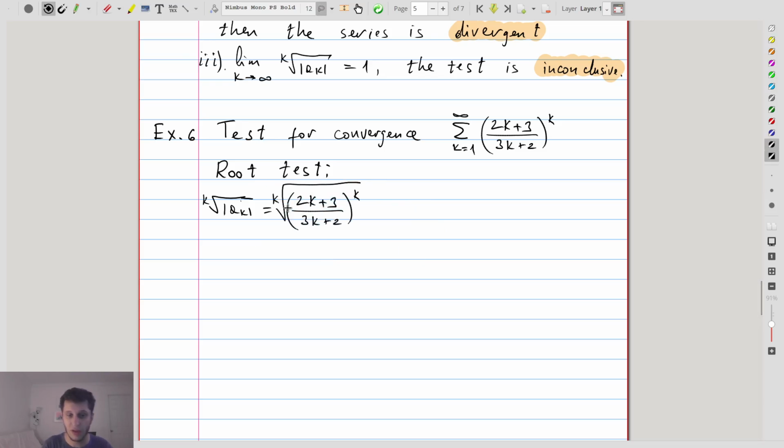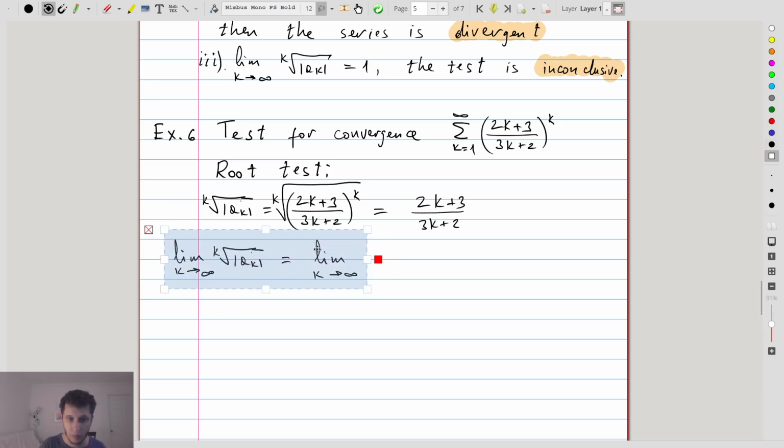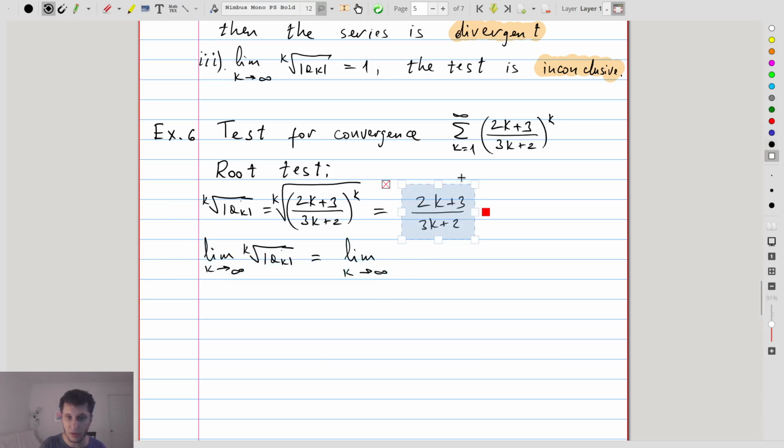And of course the kth order root cancels out with the kth power, and we have simply (2k+3)/(3k+2), which means that when it actually comes to computing the limit as k goes to infinity, all that we have to do is to compute the limit as k goes to infinity of the expression that was just obtained here.